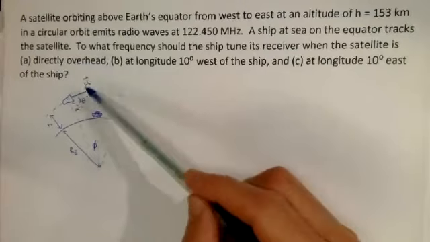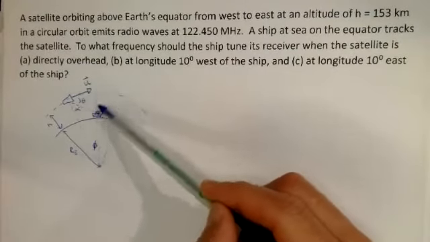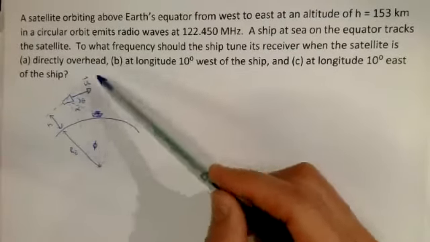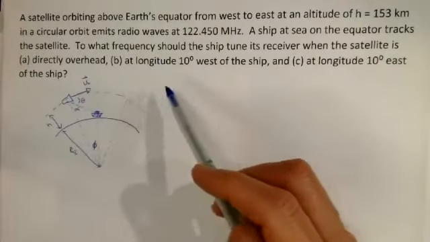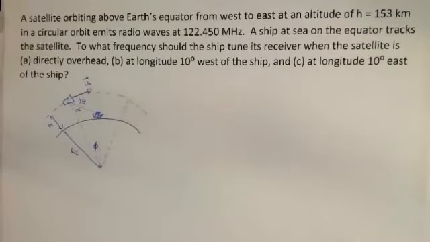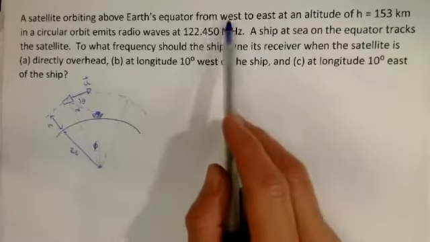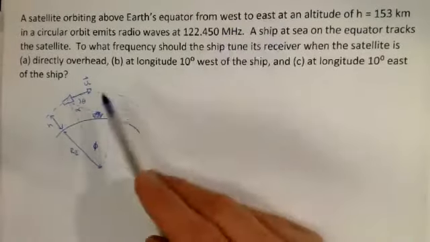One, when the satellite is directly overhead, so right here. One, when the satellite is the longitude 10 degrees west of the ship, and one where the satellite is at a longitude 10 degrees east of the ship. So the satellite is passing from west to east.